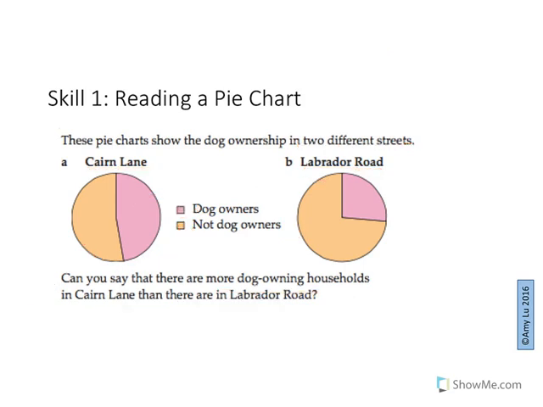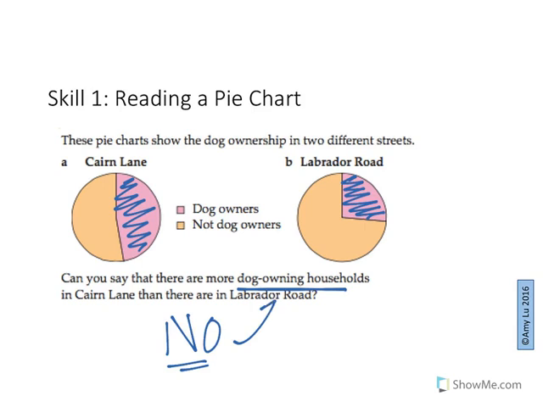Okay, so can you say that there are more dog-owning households in Cairn Lane than there are in Labrador Road? Now, I can bet that some of you said, yes, you can, because, well, look at Cairn Lane. That pink part is so much bigger than the pink part on the other side. But actually, no, you can't. And here's the reason why.